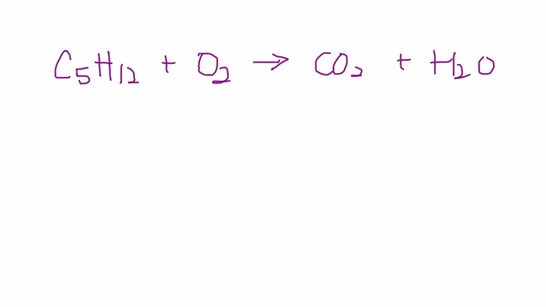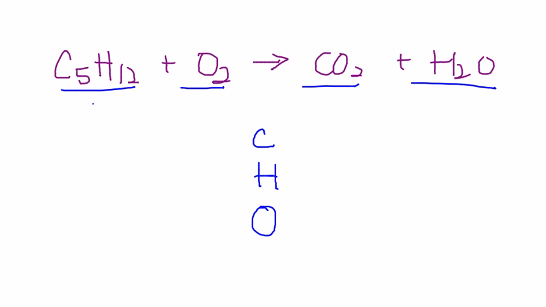As this is a special type of chemical equation, the burning of hydrocarbons, we will list them down in the order of carbon, followed by hydrogen, and then oxygen. Next, we will count the number of carbon, hydrogen, and oxygen on the left and right hand side and update it in our table.